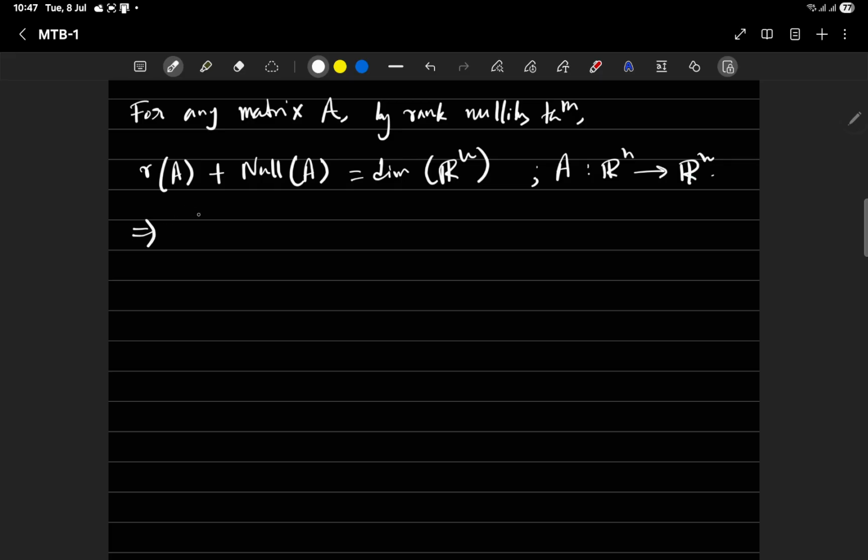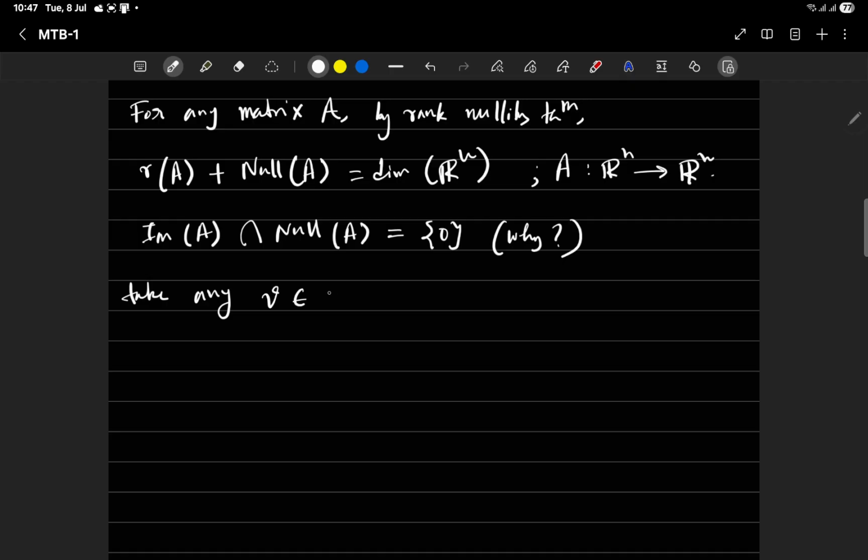And now another thing is that the image space of A intersection null space of A is only 0. Why? Take any vector V from the image of A intersection null space of A. Null of A means null space of A, here we are denoting.